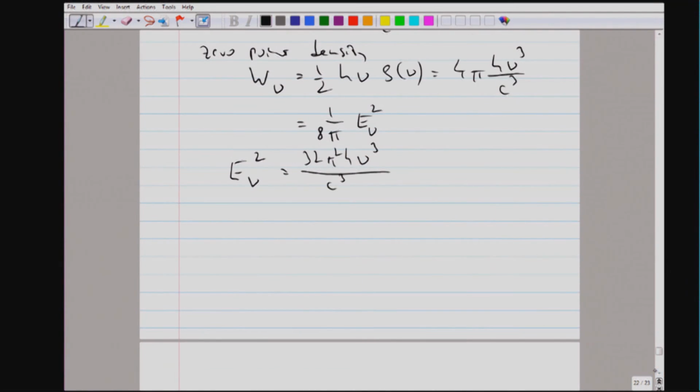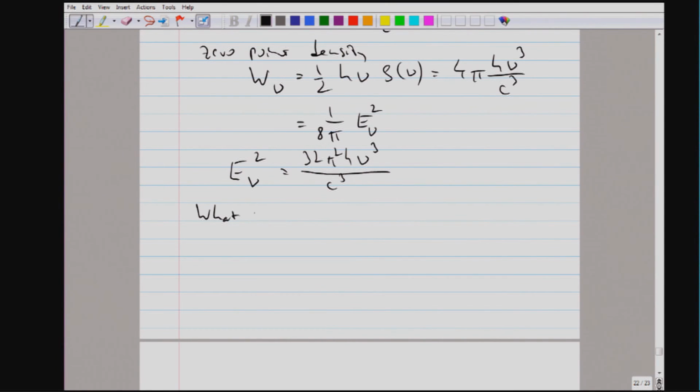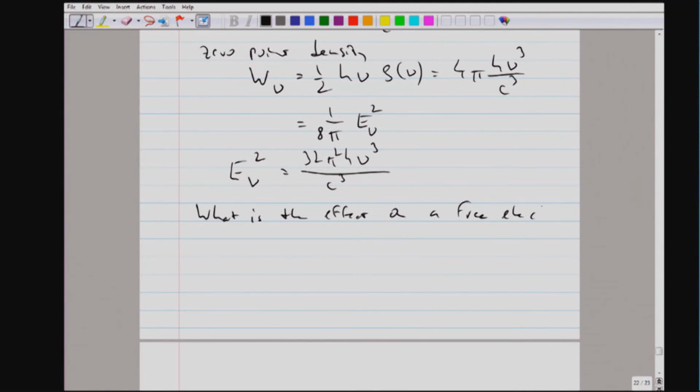So the question is, what does this electric field do to the electron? Well, let's not discuss the electron in a hydrogenic orbit. Let's rather discuss, in a simplified picture, what is the effect of such a field on a free electron. And we will later discuss that for very high frequencies, an electron can be regarded as free.